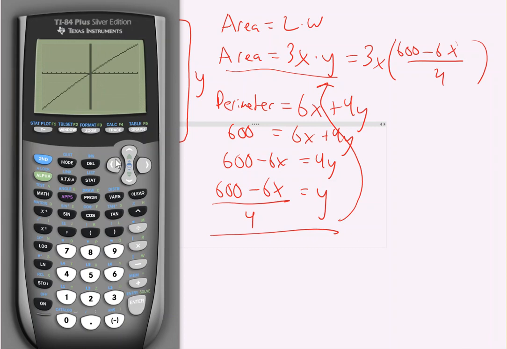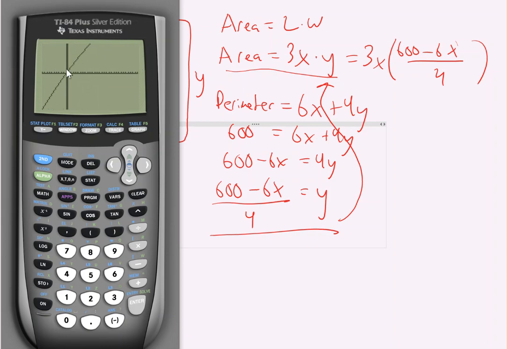And that's okay. I can at least see it now, but I can't really see where the max area is. So now I'm going to go to the window and say, okay, go a little bit further to the right. And I honestly have no idea. I'm just trying to make an estimated guess.